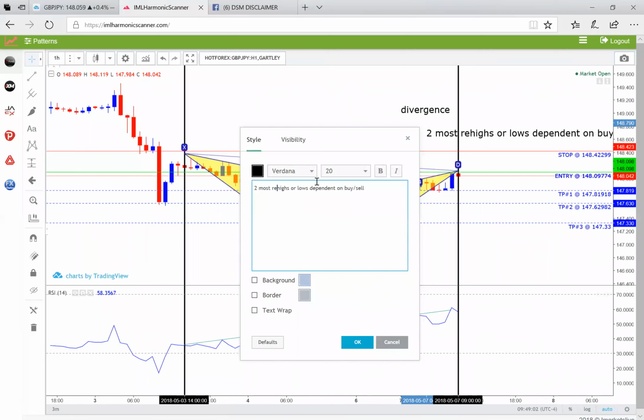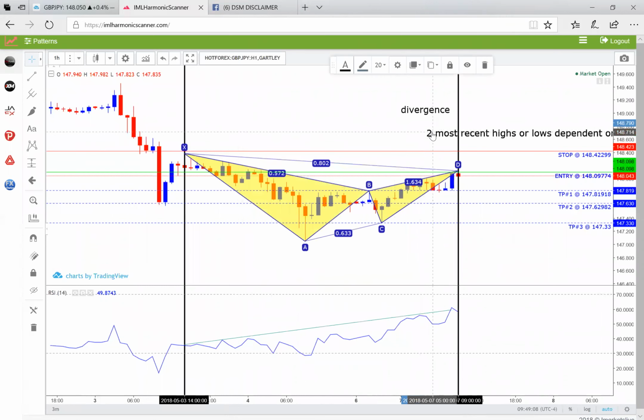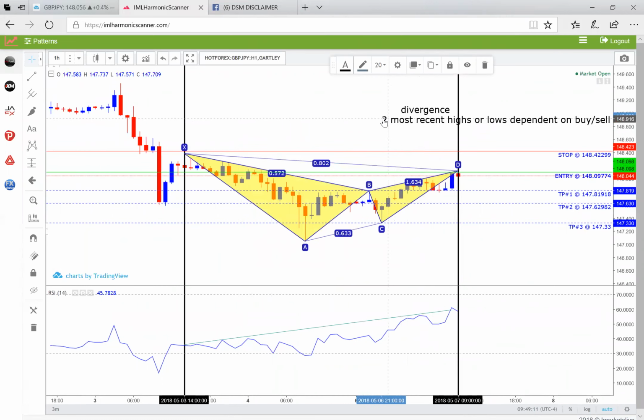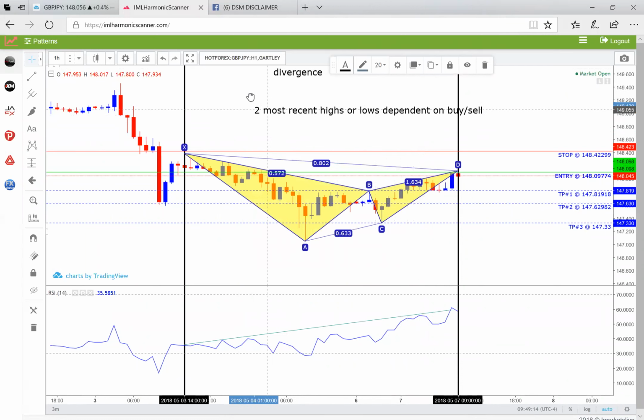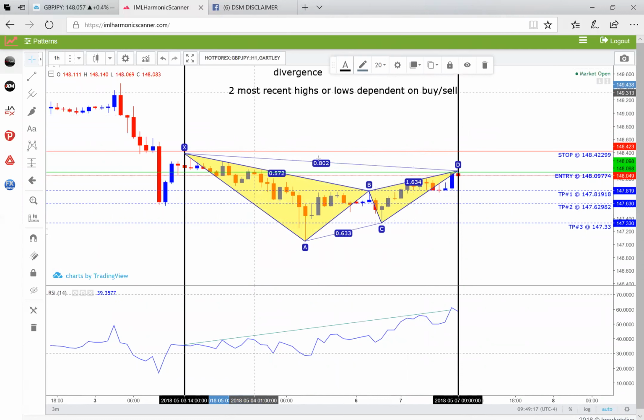So in this instance, we are selling. So because we are selling, I'm going to look for the two most recent highs.